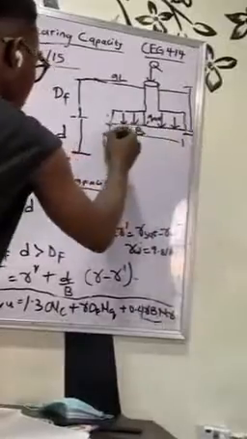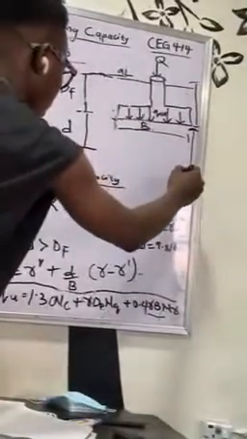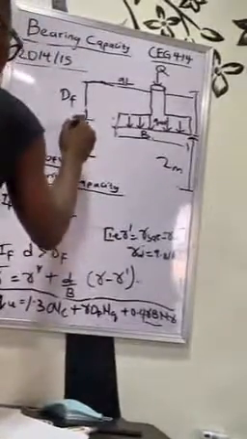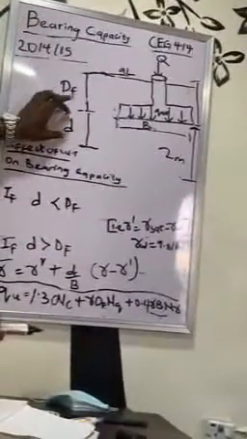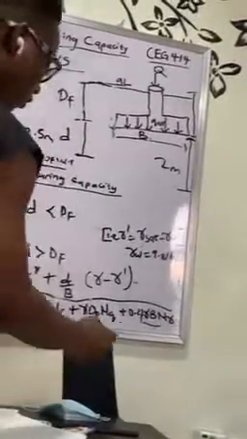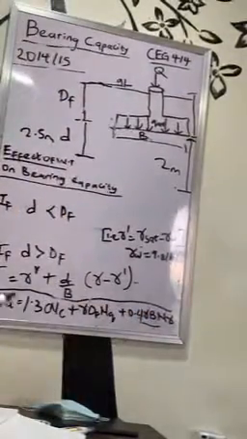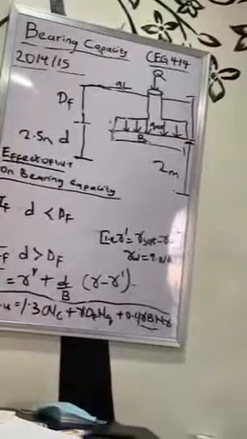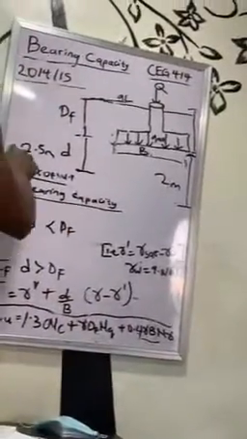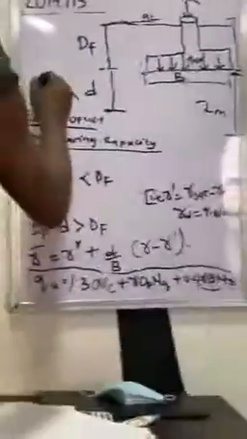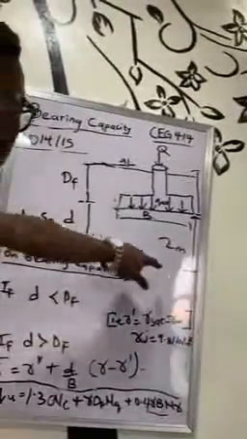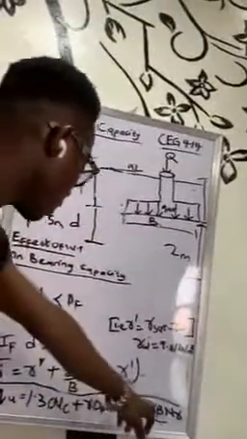If the breadth is 2 meters, and your depth of water table is 2.5 meters below, it has no effect on your foundation. The water table is at a great depth away from the foundation and does not have any effect on your ultimate bearing capacity formula. But in the case where this becomes 1.5, like in the question, it's going to have an effect, since it is less than this 2 meters.